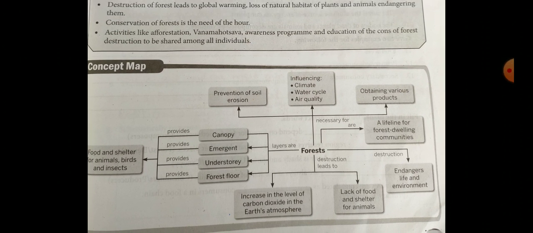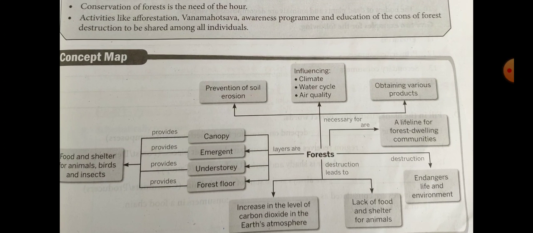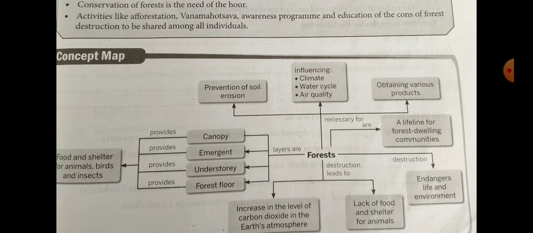All of you see this concept map. Listen, forest: prevention of soil erosion, obtaining various products, influencing climate, water cycle, air quality.